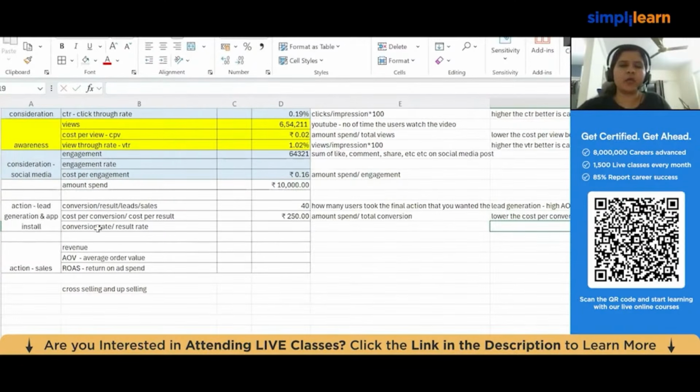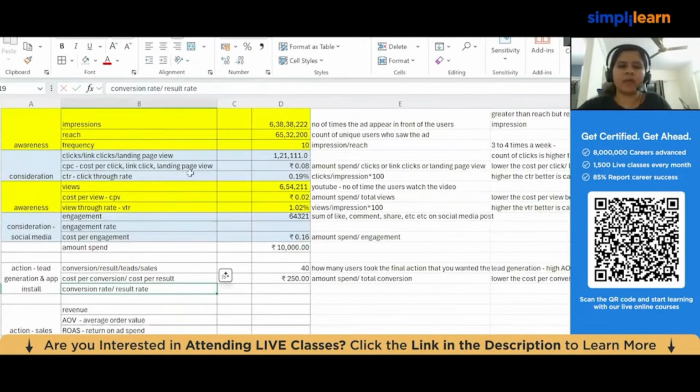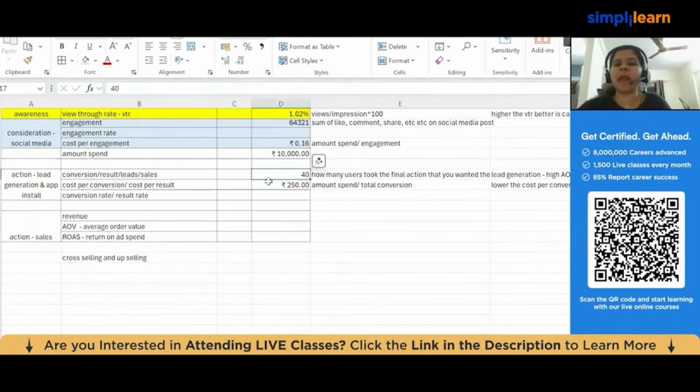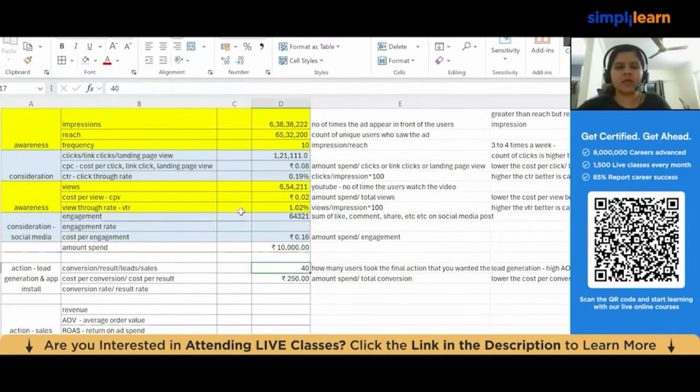Then there is conversion rate. It helps us understand, out of the number of people who clicked on my ad and landed on my site, what percentage of people ideally got converted. How do you calculate this? You take your conversions divided by your clicks, and then multiply by 100. I won't multiply by 100, so it's 0.03%, only that many people got converted.